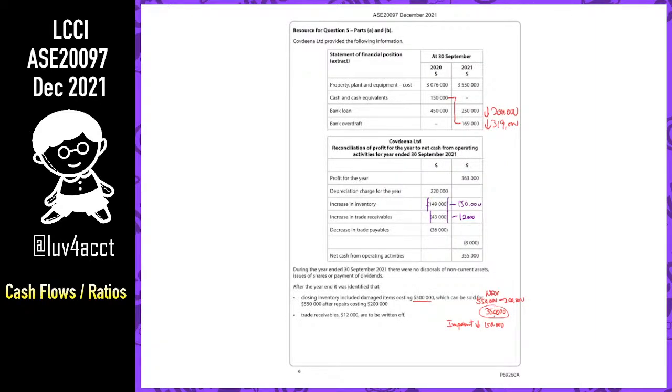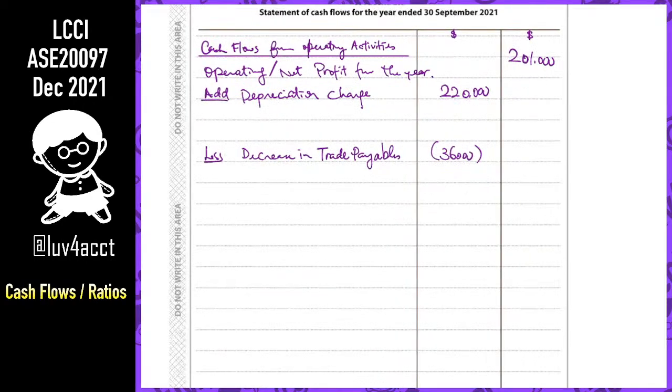So let us do it. That means now it becomes a decrease in inventory. And for receivable, it is still an increase. 149,000 minus 150,000.